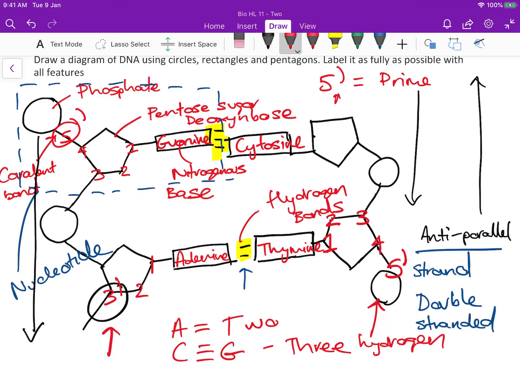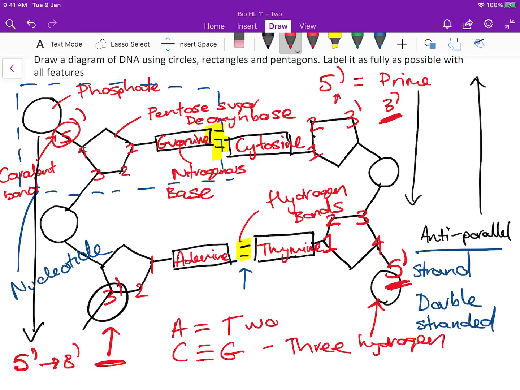So this strand, if we look down the page, is running 5' down to 3' at the bottom, whereas this one here is running, if we label this one up here as well, 1, 2, 3, that's the 3' end. This one is running 3' up here down to 5' at the bottom there.